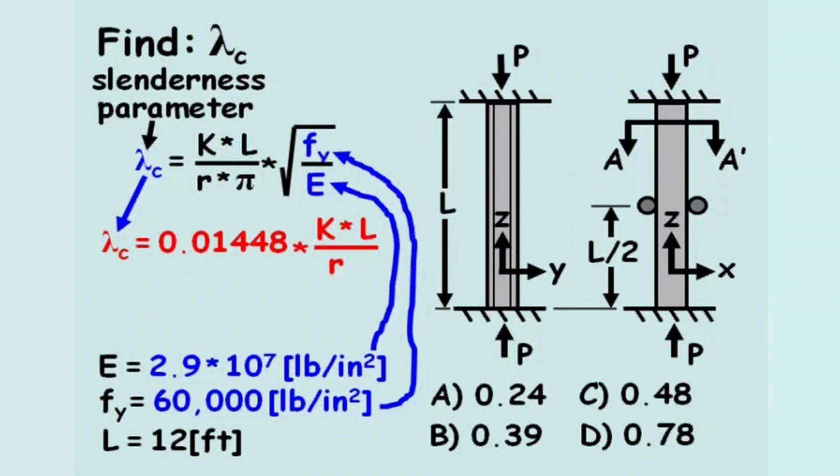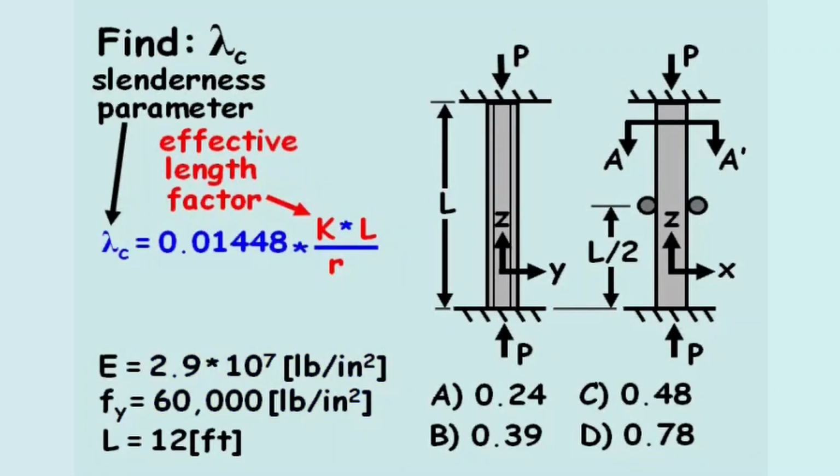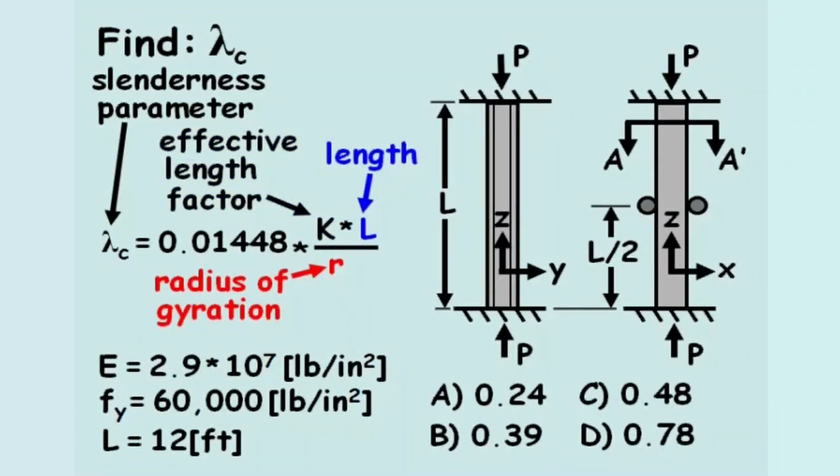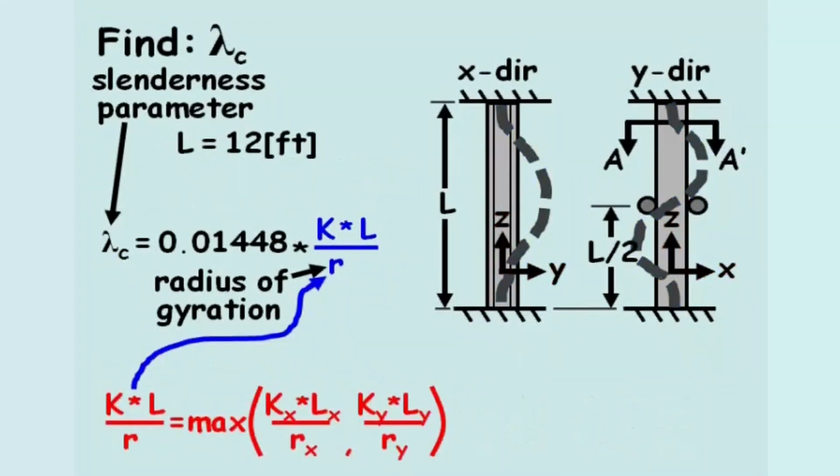In this equation, K represents the effective length factor, L refers to the length, and R is the radius of gyration. Since the I-beam can buckle globally about the x-axis or y-axis, our value for KL over R will be the larger between KL over R in the x direction and KL over R in the y direction.